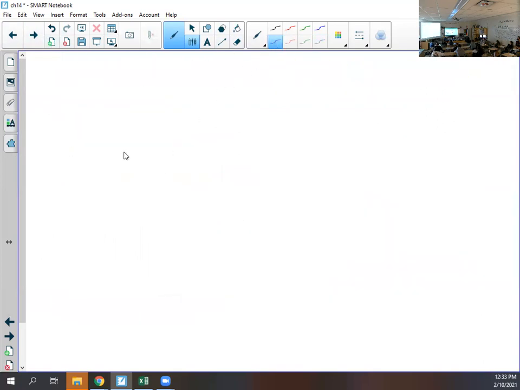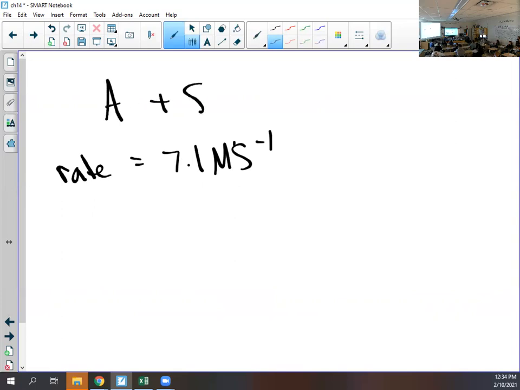If I have a reaction and I tell you that the rate is equal to like 7.1 molarity seconds to the -1, which is molarity per second. This is a positive value, so that would be the rate of appearance. And if I have my equation, A plus B goes to 2C, this would be the rate of appearance of this, because these would be negative values, right?